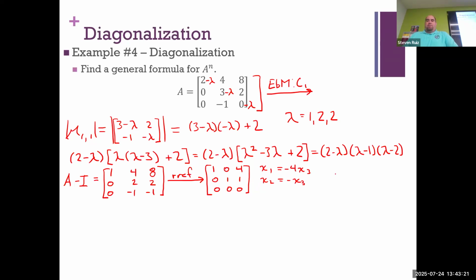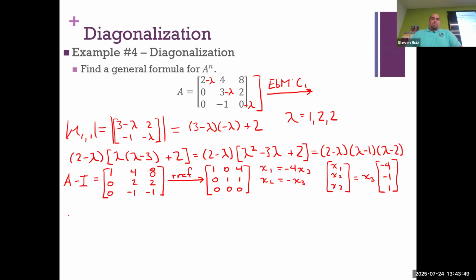So that's how many parameters? Just one. Which is the number of parameters I wanted.